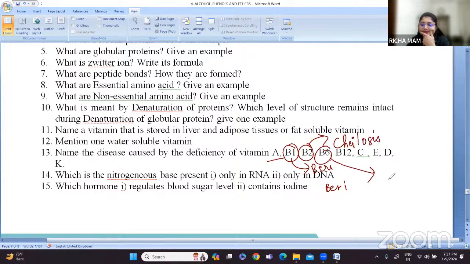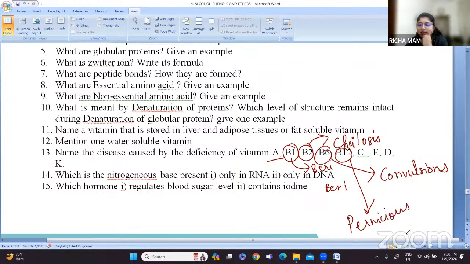Vitamin B6 causes convulsions. B12 causes pernicious anemia. It is also called RBC deficiency. Vitamin C causes scurvy. Fine.